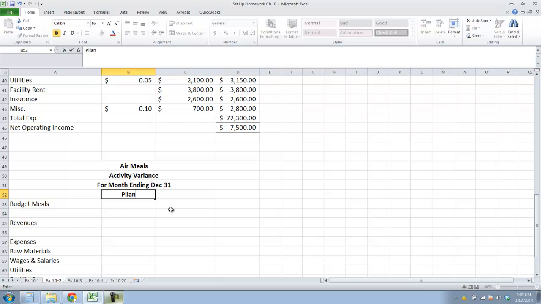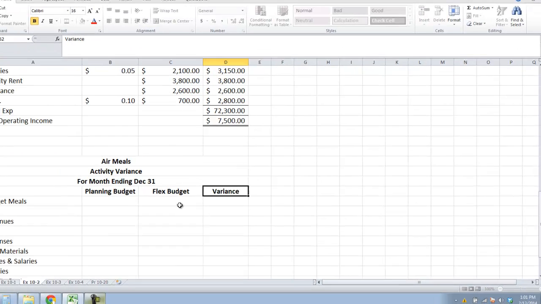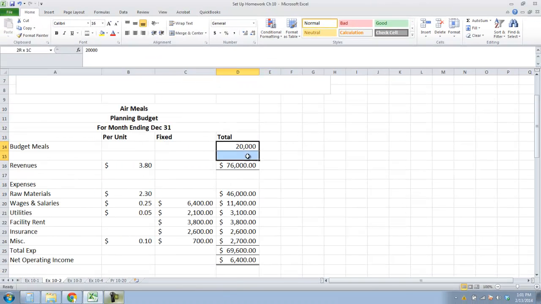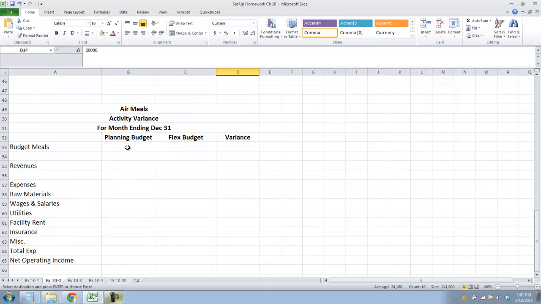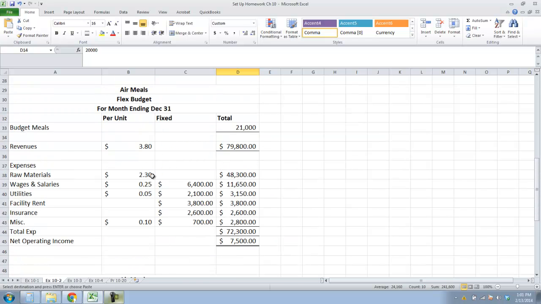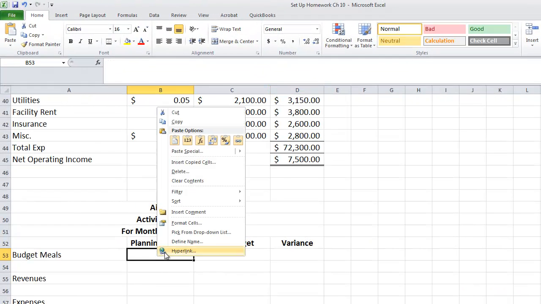I'm going to have planning budget, flex budget, variance. Okay, so I'm going to literally copy everything and paste.